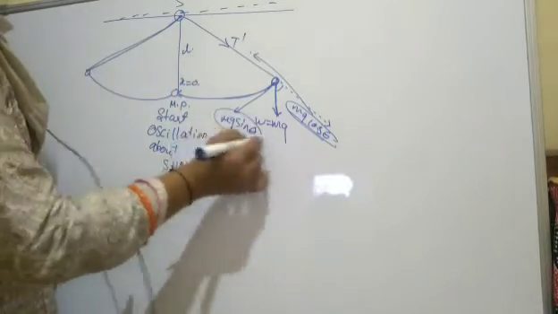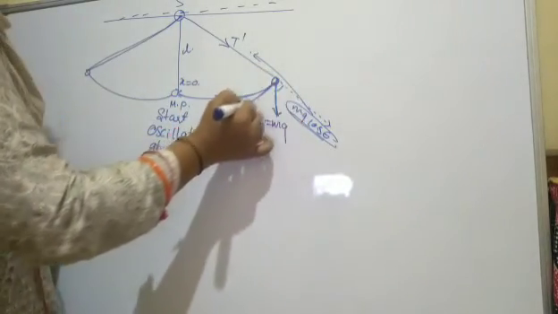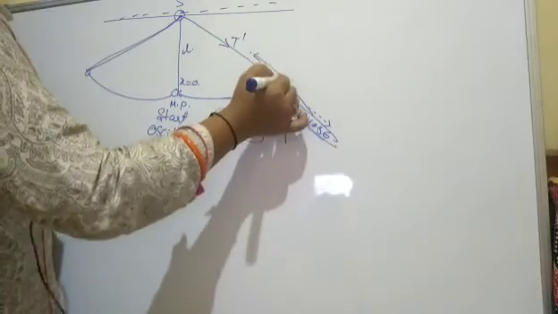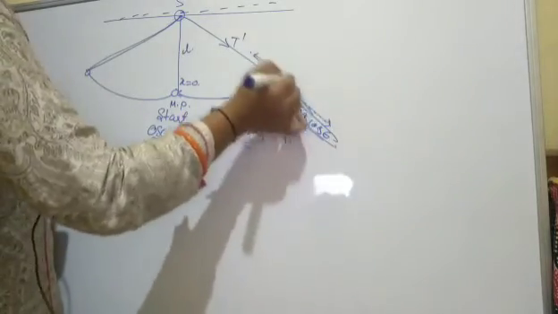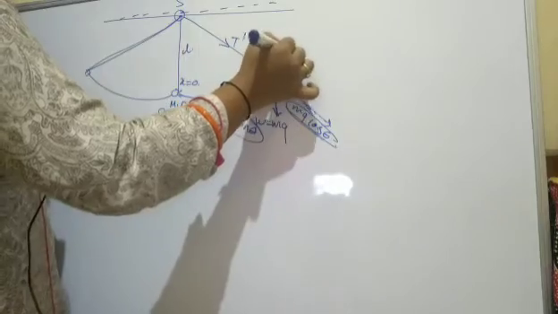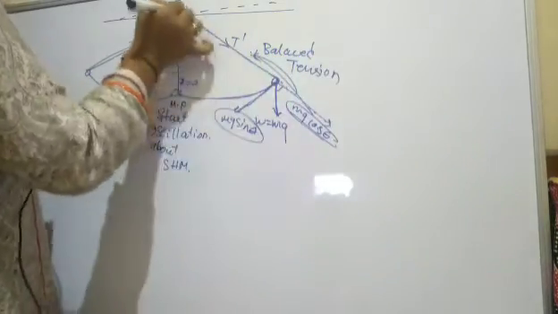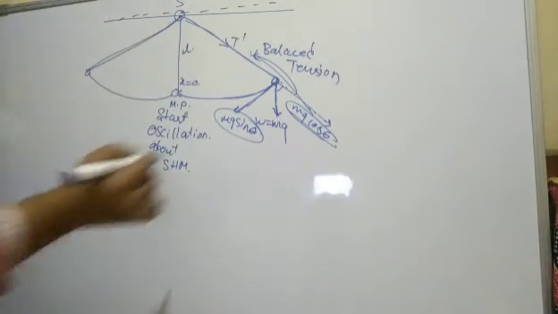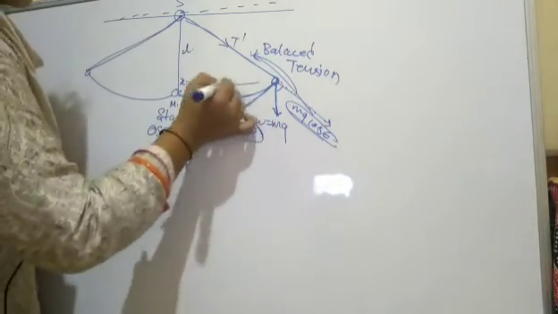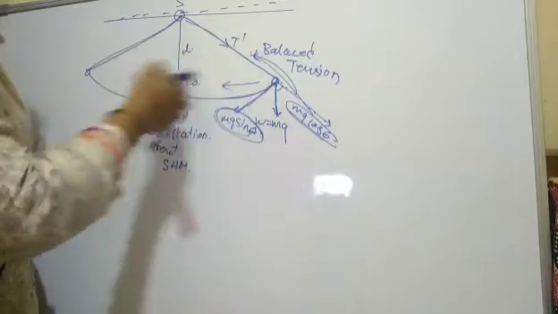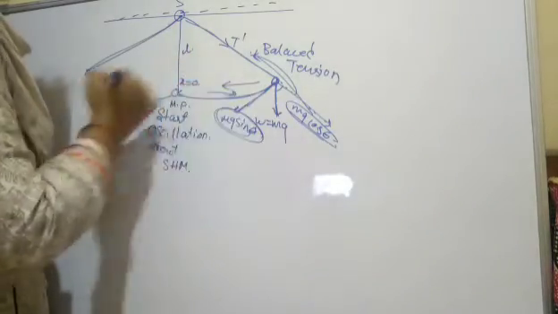That is mg sin theta. So look here: the force is resolved into two components, one part is balanced by the tension developed at the point of suspension, and mg sin theta acts towards the mean position, meaning it is opposite to the displacement.